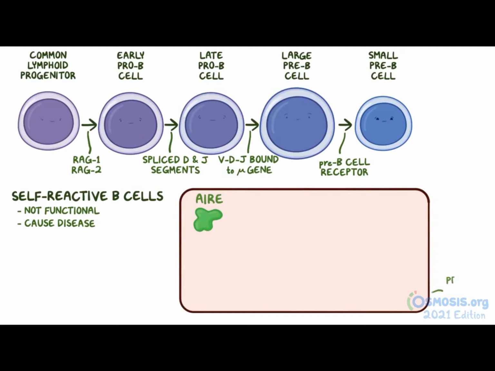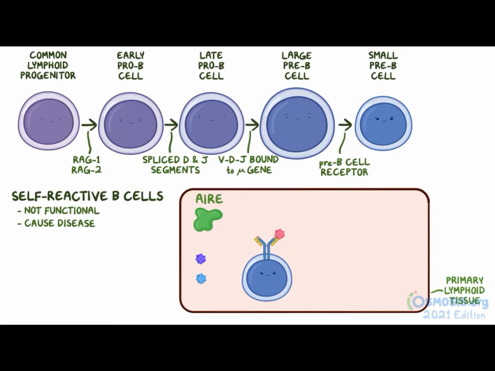AIRE is expressed in primary lymphoid organs and allows them to express antigens that are normally found all over the body, like the brain, ovaries, and pancreas. It allows these primary lymphoid organs to serve as a microcosm of the entire body, kind of like how the Epcot Center theme park in Florida is a microcosm of the world. So that allows the body to test out these newly formed B cell receptors in a safe environment.